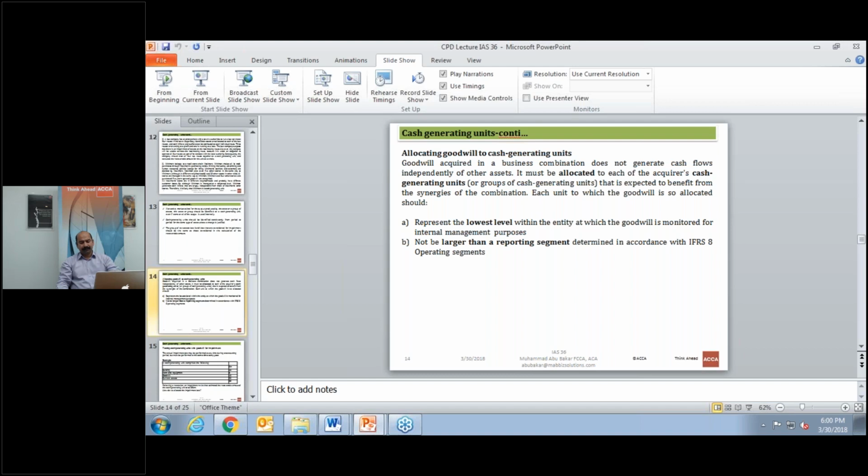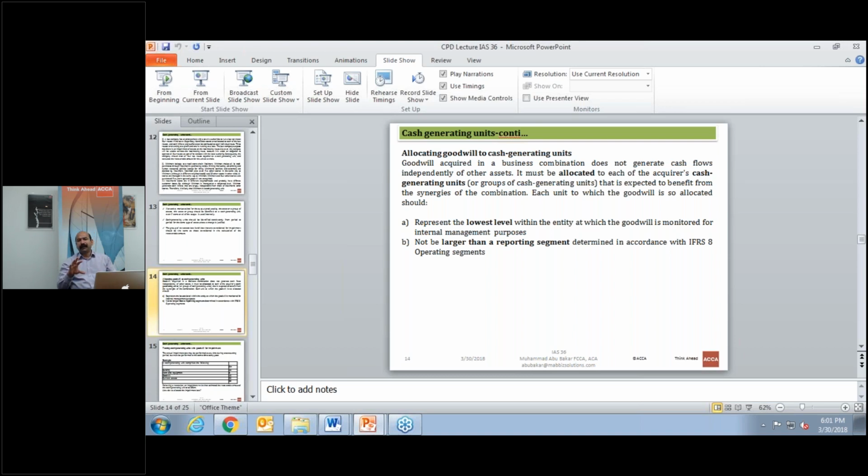The only difference is when you calculate the fair value for impairment purposes, you use fair value less cost of disposal. But in the revaluation model, when you calculate the fair value, there is no reduction of cost of disposal. The only difference is the cost of disposal.